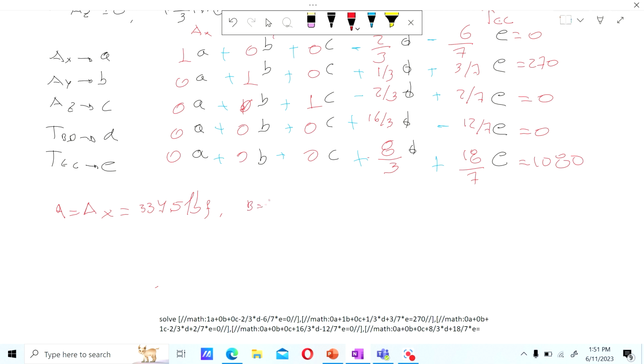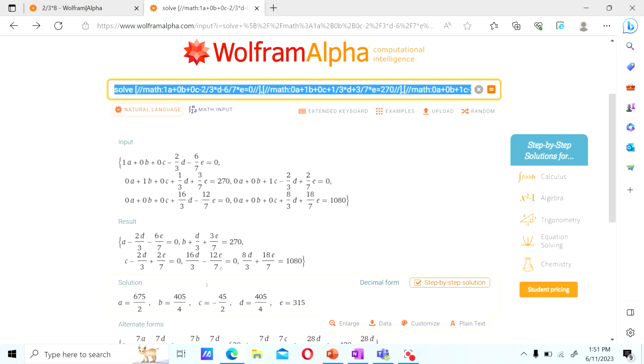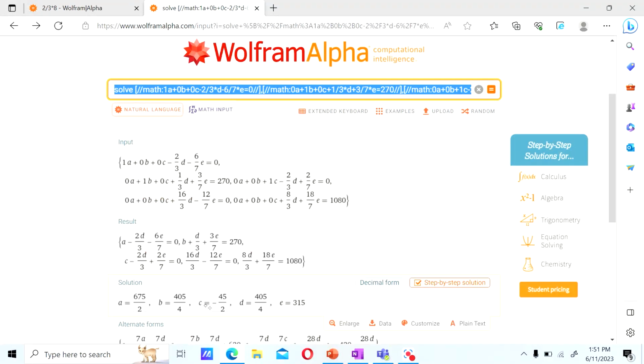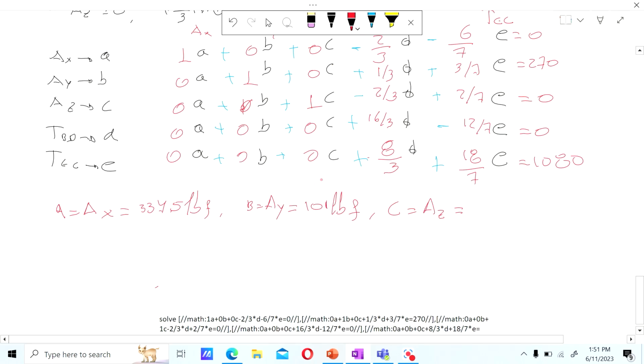B is equal to AY, which is equal to 405 divided by 4, 101. C is equal to AZ, which is equal to negative 45... No, sorry, 45 divided by 2, 22.5.